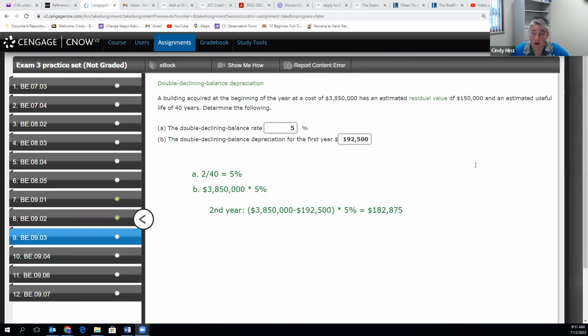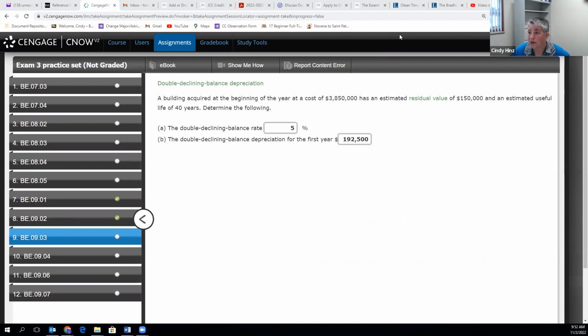And we're paying that up front, or maybe taking out a mortgage for it or whatever, but that doesn't change regardless of which method we choose for recording depreciation. So depreciation, again, is a non-cash expense.